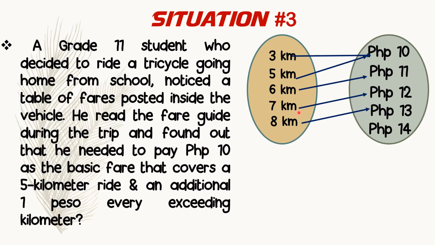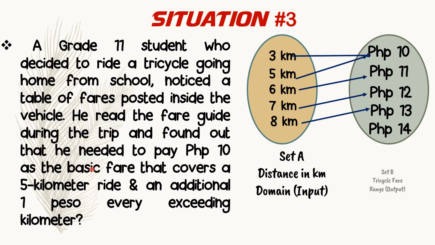And then for 7 kilometers, the first 5 is still 10 pesos, plus the 2 exceeding kilometers times 1 peso, so you will have 12 pesos. And for 8 kilometers, you're going to pay 13 pesos. So for set A, that is the distance in kilometers, and for set B, that is the tricycle fare. Okay.